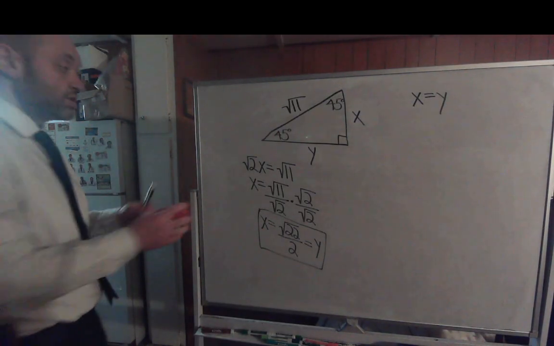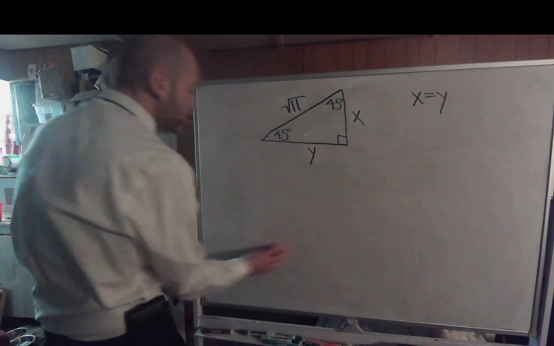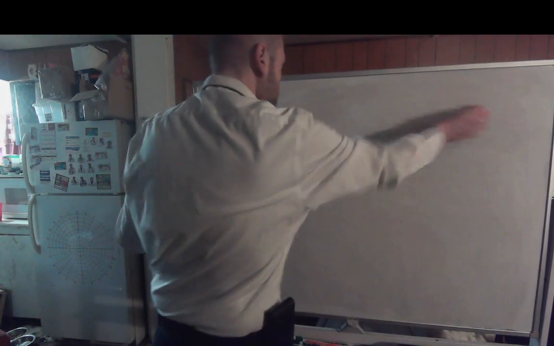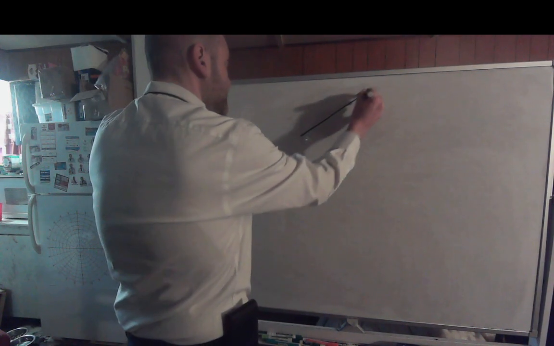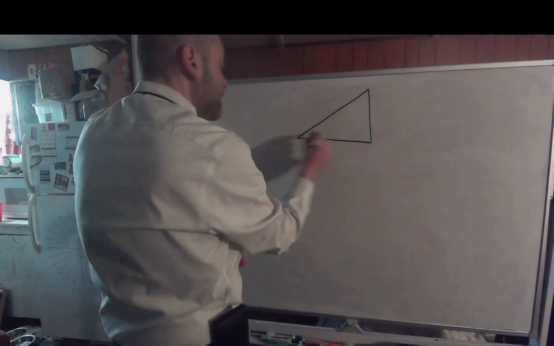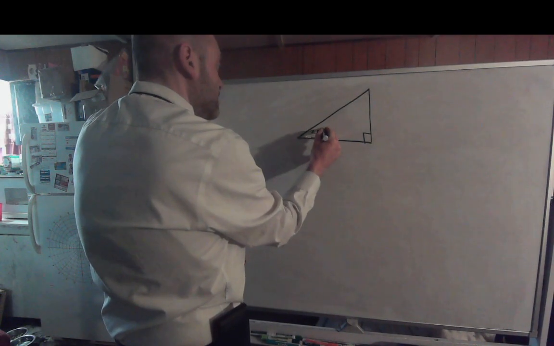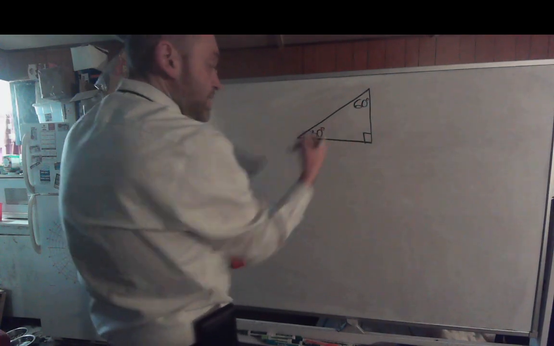Now there's one more type of right triangle, and I guarantee probably most of you already know it, but I'm going to do it anyway. And if you said 30, 60, 90, you'd be 100% right. So there's also the 30, 60, 90 right triangle.